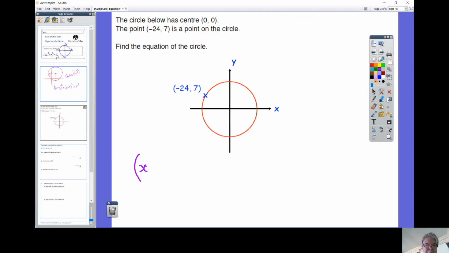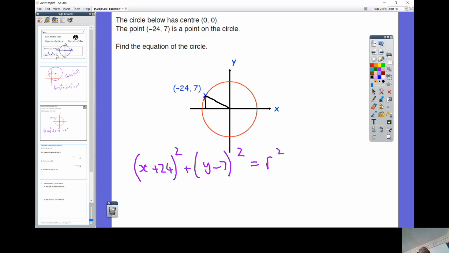So x plus 24 all squared, lovely, plus, no, y minus 7 all squared. And then we need to do a bit of work to work out the radius squared. So, Pythagoras: go to the diagram and draw in this little triangle.